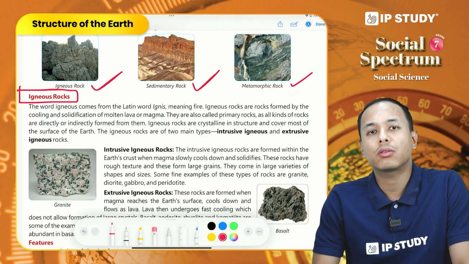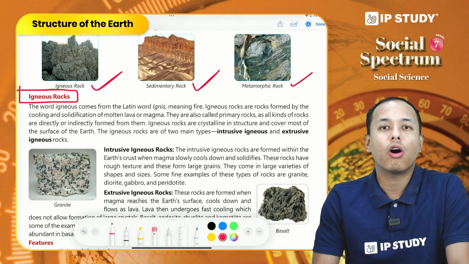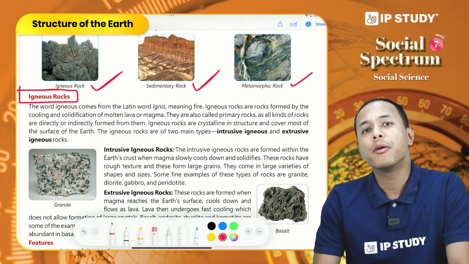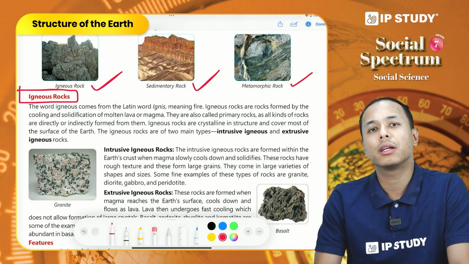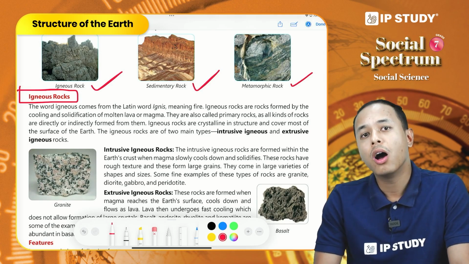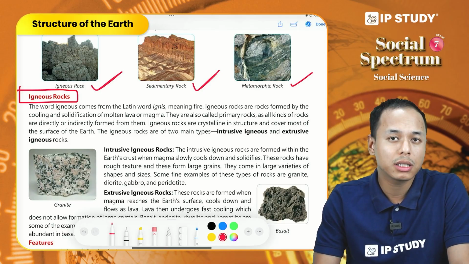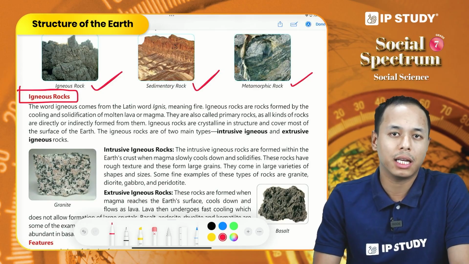Okay, and igneous rocks are formed by the cooling and solidification of hot magma or lava. Okay, they are also called primary rocks because these were the first rocks that developed when earth was formed, and all the other rocks like sedimentary or metamorphic rocks are directly or indirectly developed from igneous rock.